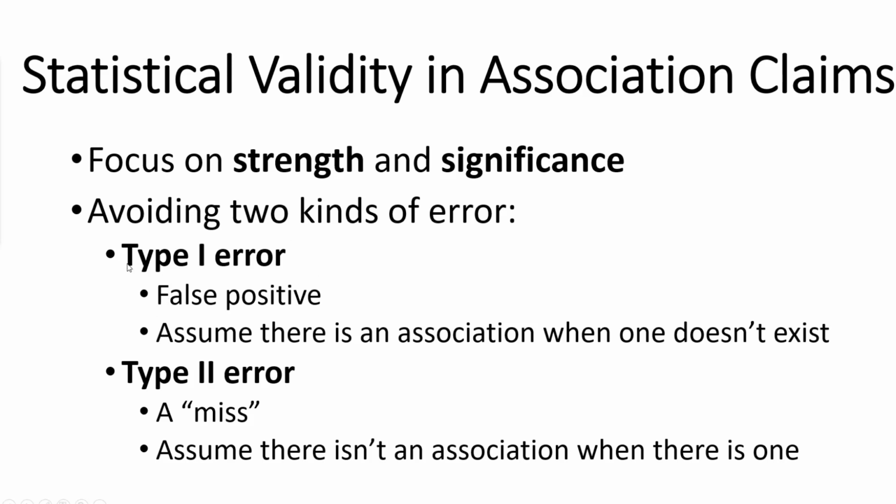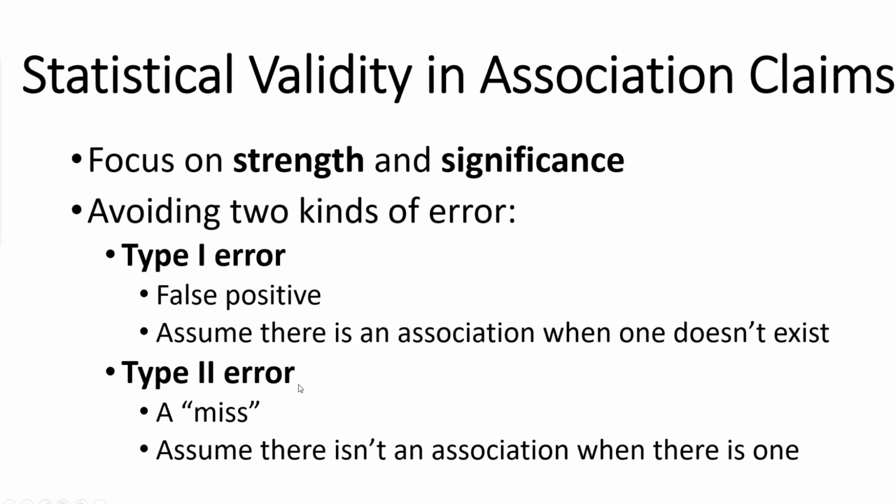For a type 1 error, you assume that there's an association where one doesn't exist. So because of random noise in your data, you've said that there is a relationship between variable A and variable B, but in reality, there is no relationship.